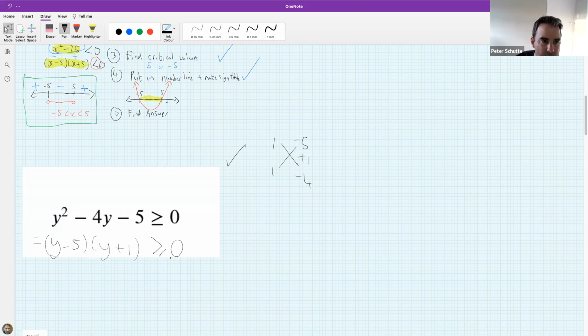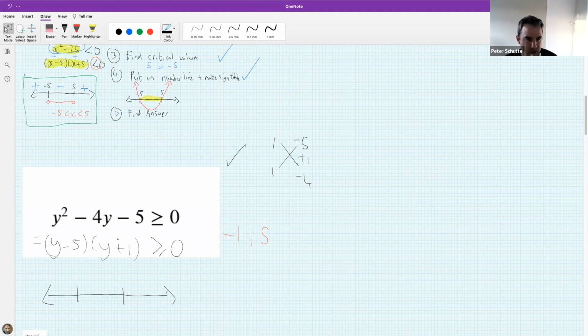And so now I need to find my critical values and put my critical values on the number line. The critical values that I can see are -1 and 5. So I would put -1 and 5 on the number line.